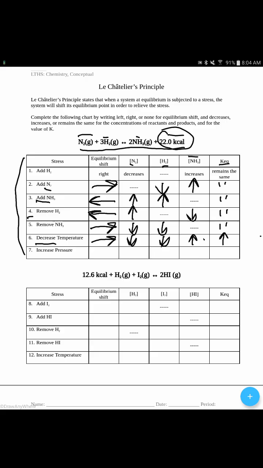Okay? Now, when we have a pressure difference, we are going to have to count how many moles of gas there are in the reaction. So let me erase this stuff real quick.